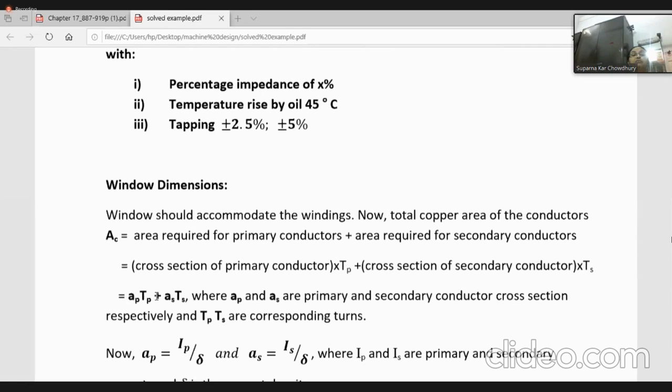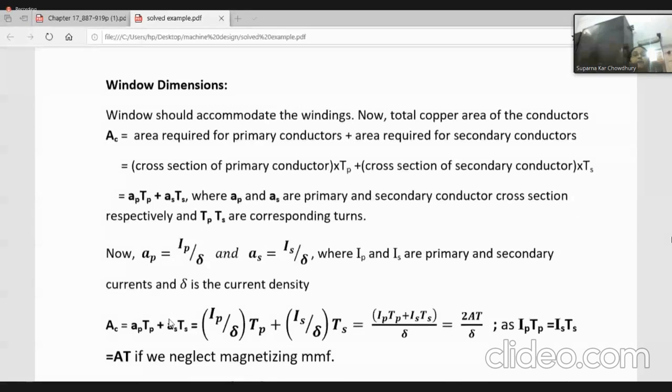That is AP into TP plus AS into TS. Now AP is the area of the primary conductor, that will depend on the primary current, because the current density we can allow depends on the type of device and the material we are using.